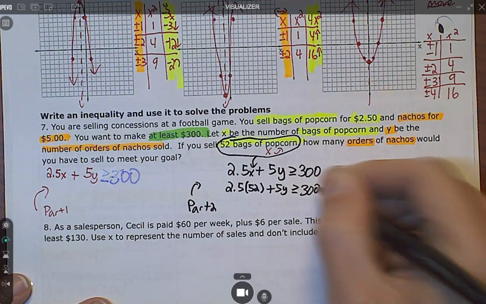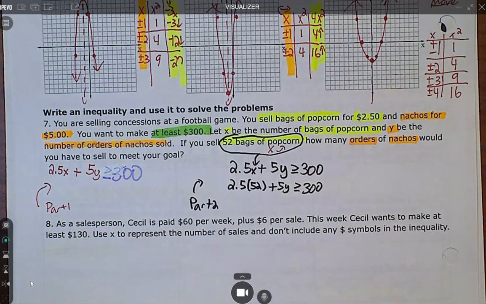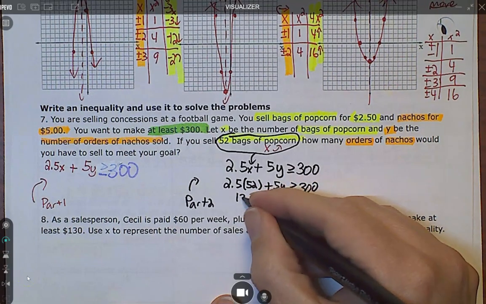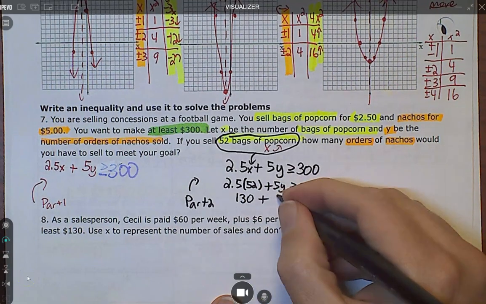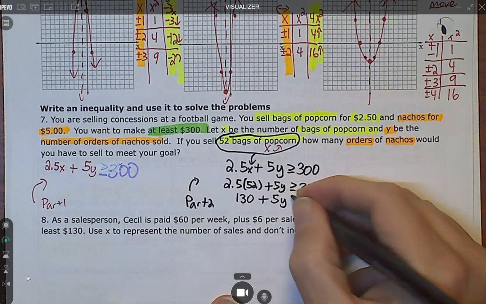I'm running out of space. All right. 2.5 times 52. Let's see. Can I do this in my head? 104. Okay. I'm going to use a calculator. So you made $130 from popcorn, $5 for nachos.